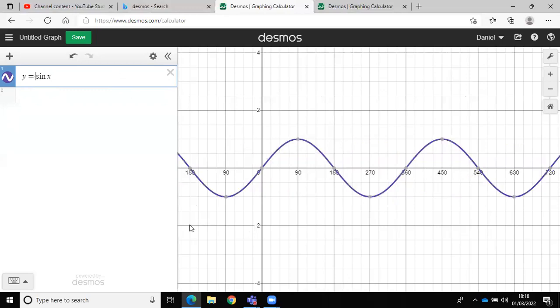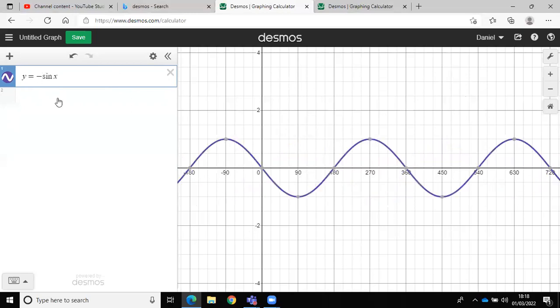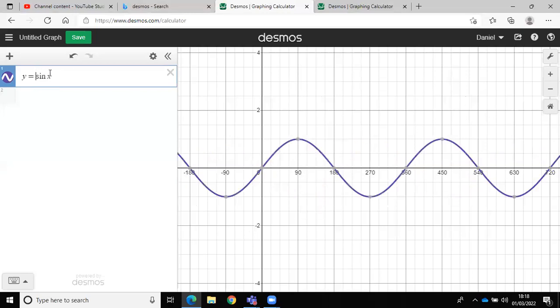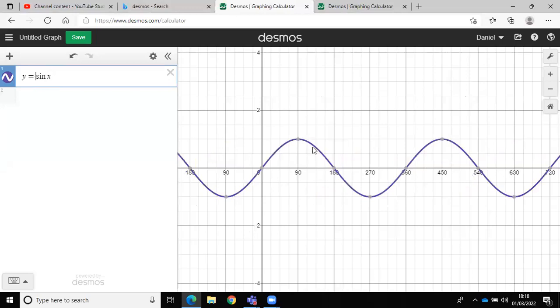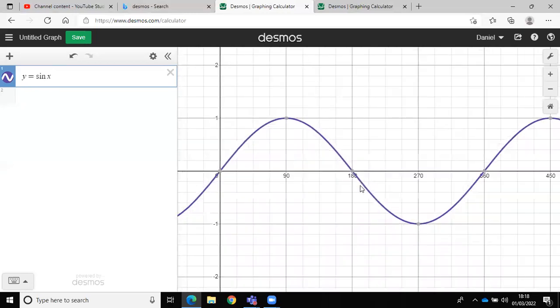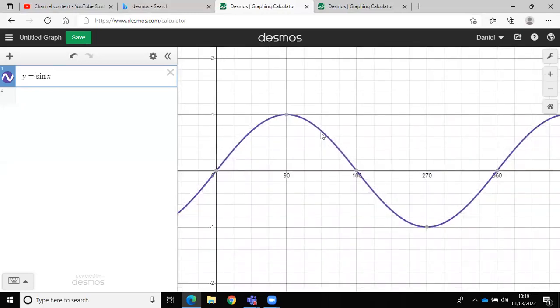Take that negative away, and instead of the maximum being at 1, I've got a negative there, so the minimum is now at 90. It flips it. So that's always going to be our start point when you're drawing a graph out.